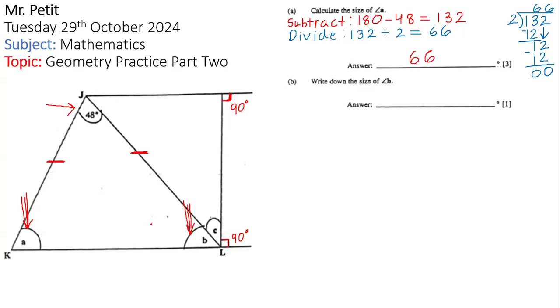Because the horizontal lines tell us that the sides are equal, and the angles are equal as well. All right.